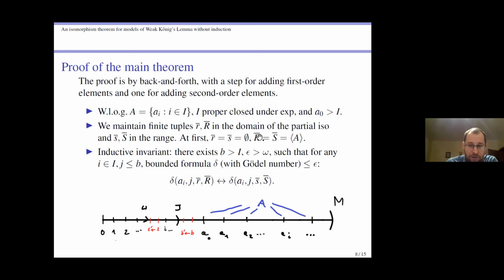The second order tuples, let them just consist of this set A. So A is going to be mapped to A. The inductive invariant that we keep is as follows. There exists an element B above this cut I indexing our set A. And there exists a very, very small number, so small that it's almost standard, so let's call it epsilon.